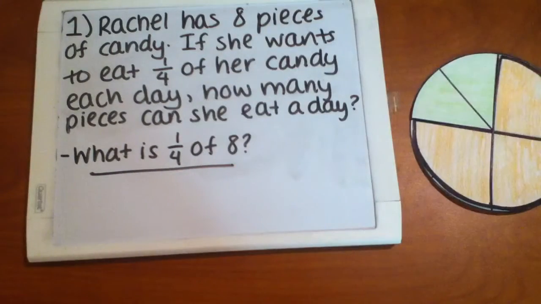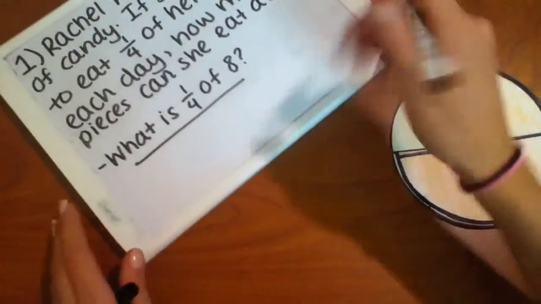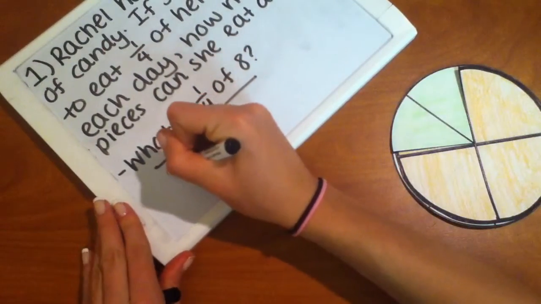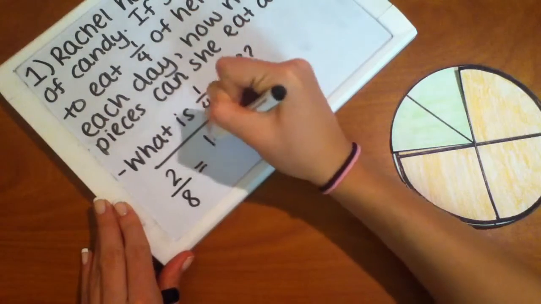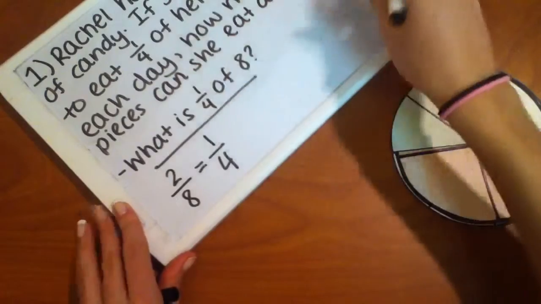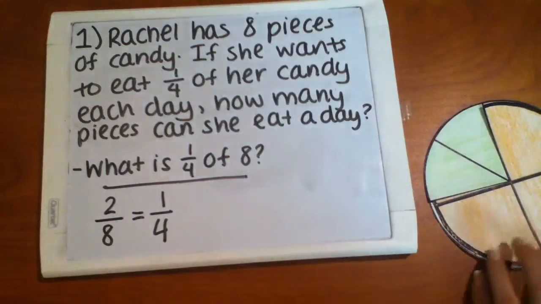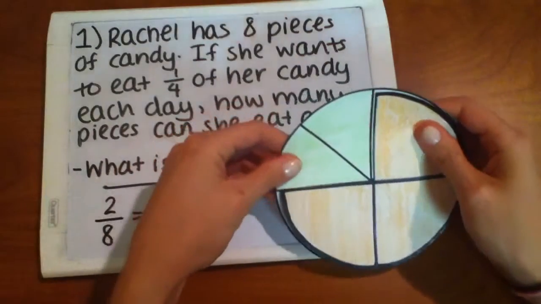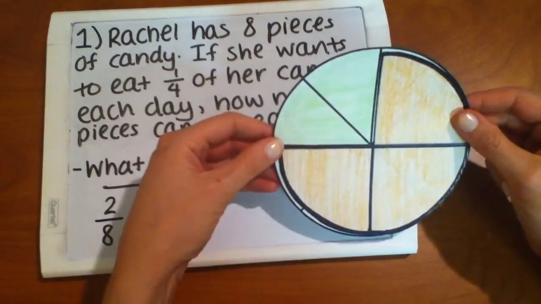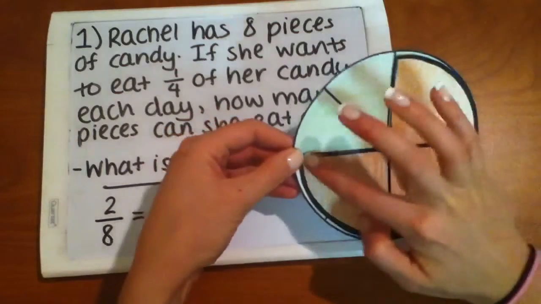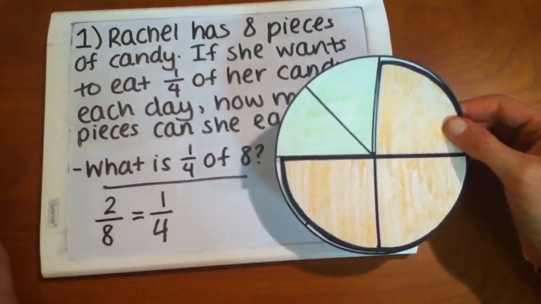So we could write that down as 2/8 equals 1/4. Because as we just showed here with our area model, 2 pieces of a whole divided into 8 pieces is equivalent to 1 part of a whole divided into 4 pieces.